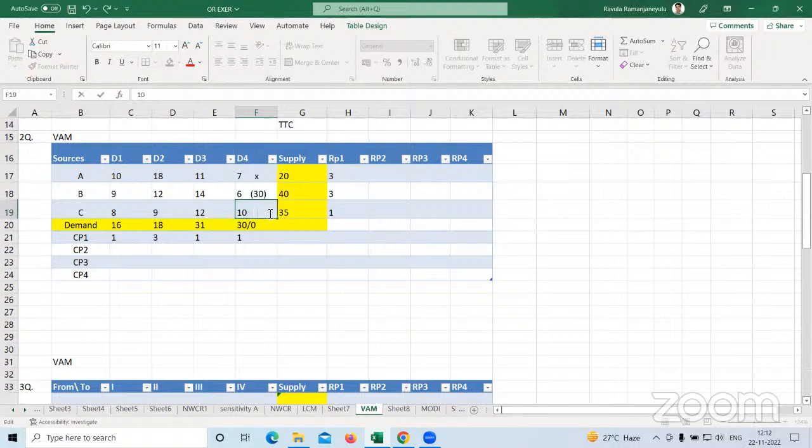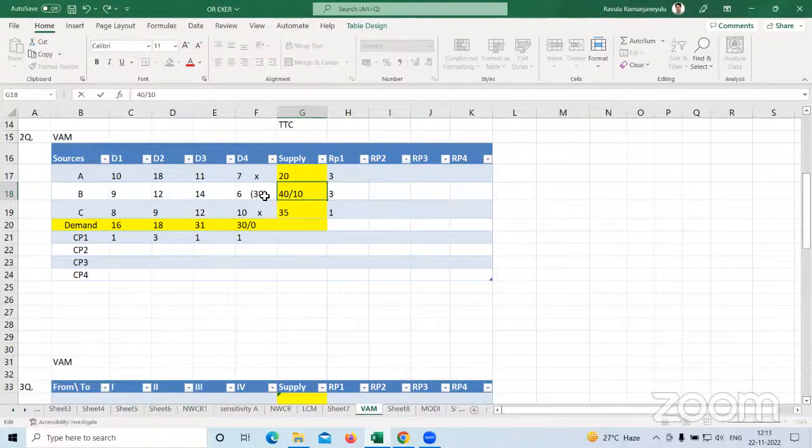So you can do it easily. So here this column is totally exhausted, right? And this column doesn't have the highest penalty. We got a highest penalty row wise. For that least cost, we allocated 30 units.